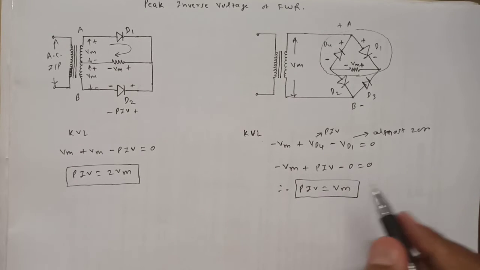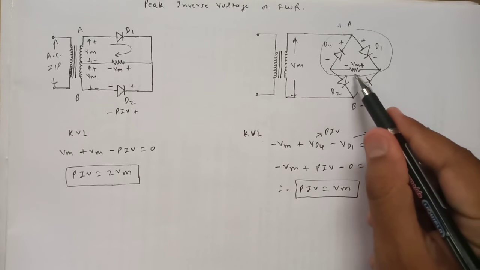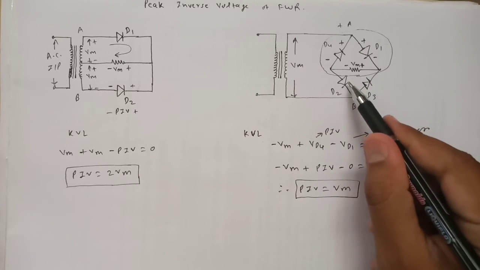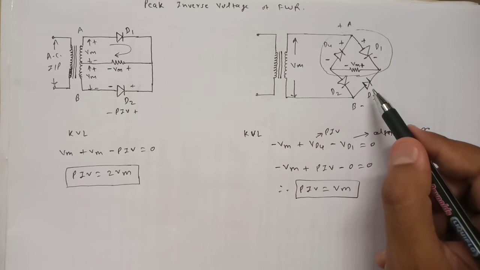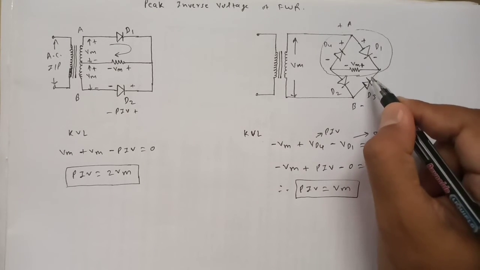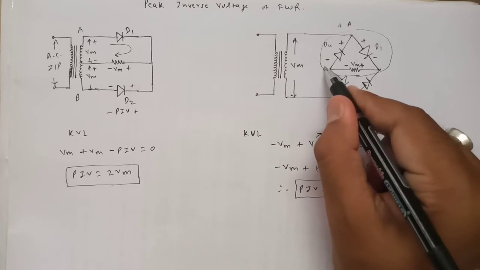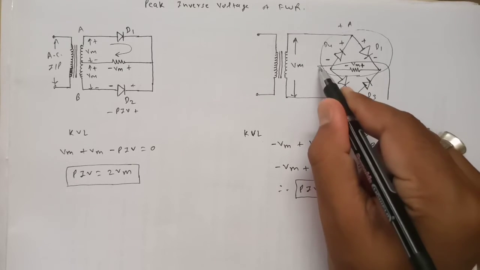In the same manner you can apply the KVL in the other loop and you will get the PIV for the reverse bias diode. In this case the reverse bias diode is diode D3. So let us consider this loop, the lower one.